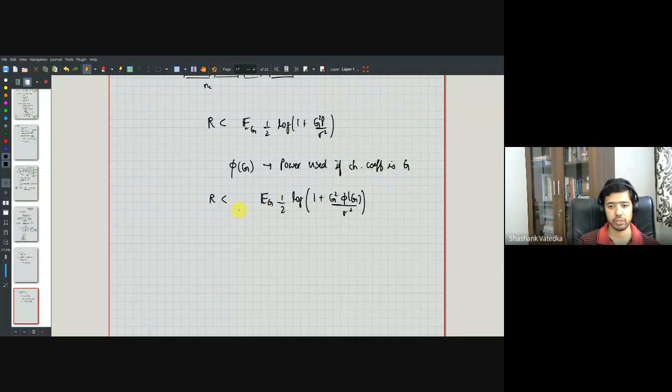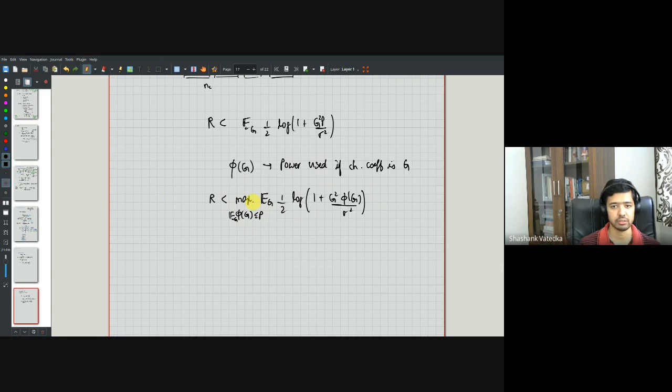But note that phi of g should be such that the expectation over g of P of g should be less than or equal to P. After all, this power constraint has to be satisfied on average, and now you can optimize this over all possible phi, right?